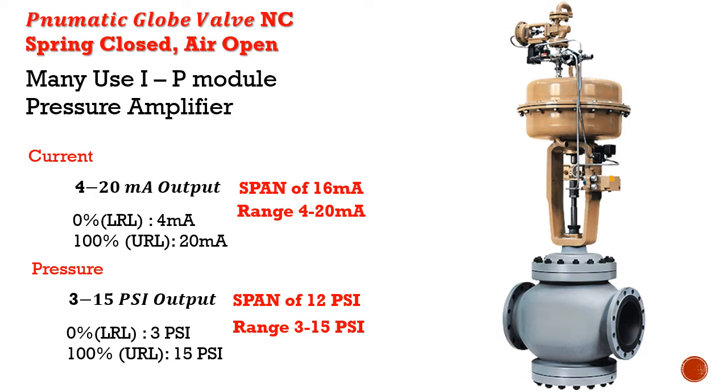We need to remember these numbers as we move forward to calculate our outputs or our output signals for however much we want to throttle our valve open in this particular example.